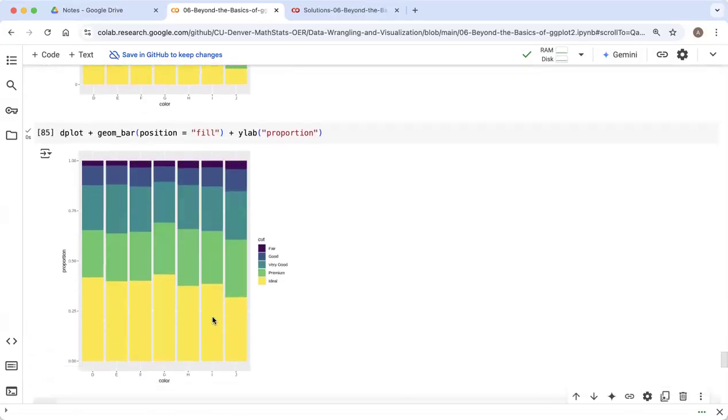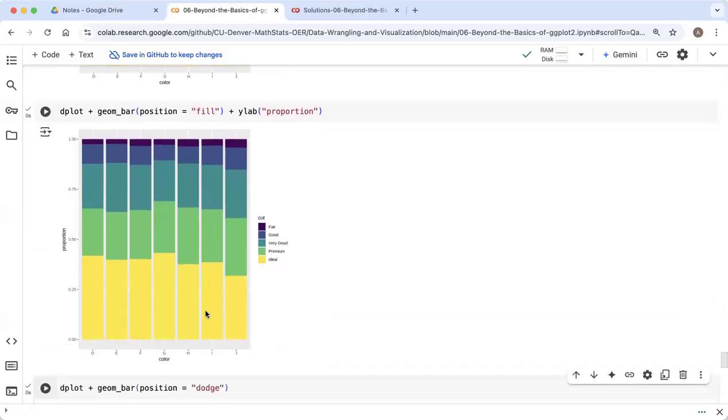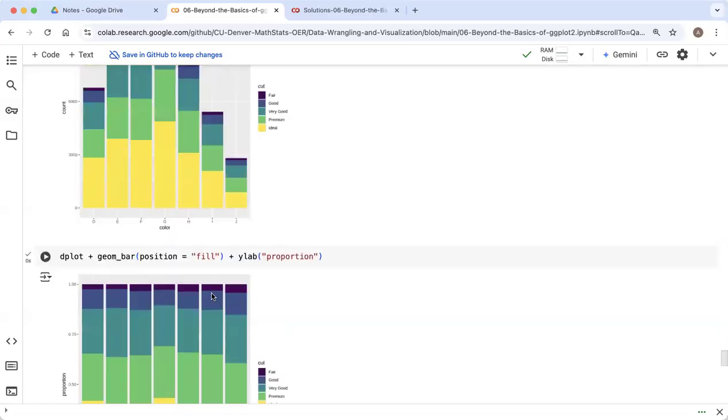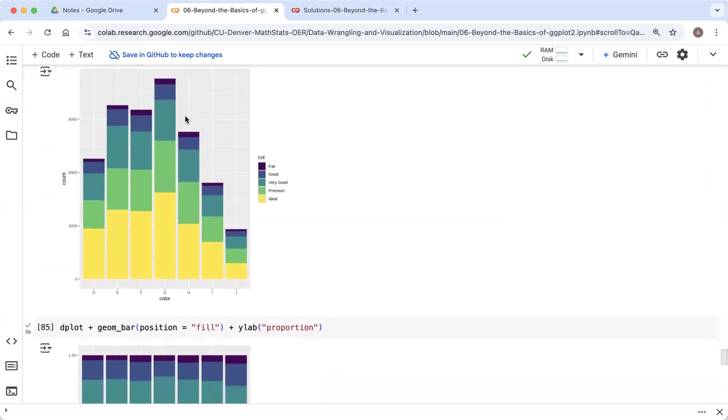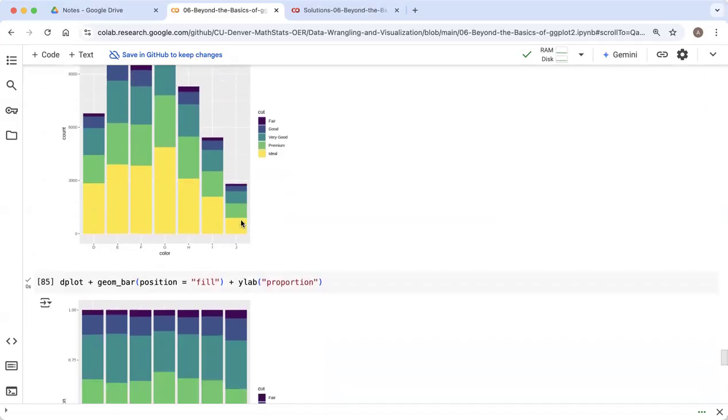When we compare these on relative terms, this is much easier. This controls for the very different sample sizes that we have over here. So this is why I think using this position fill can be very helpful when we have samples that are very different sized.